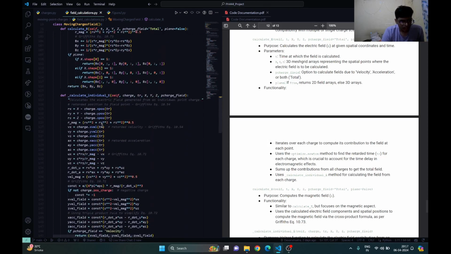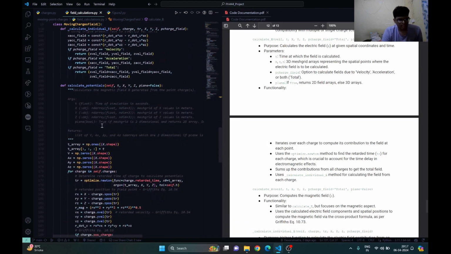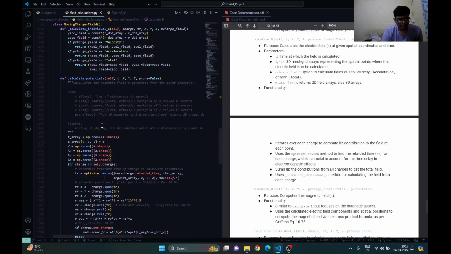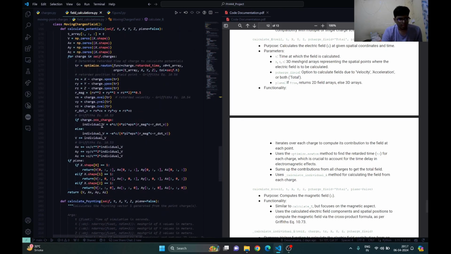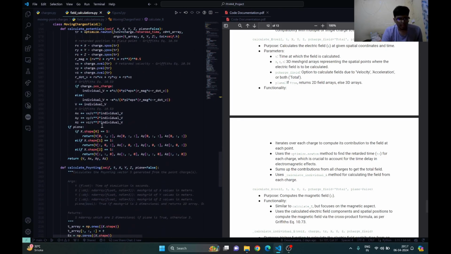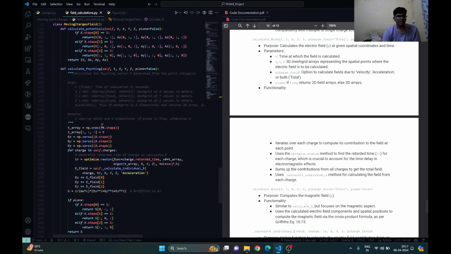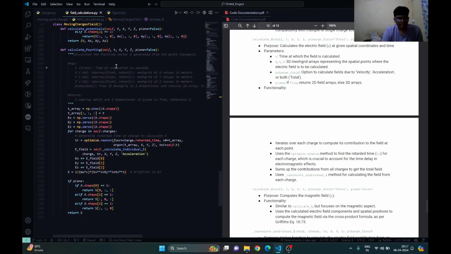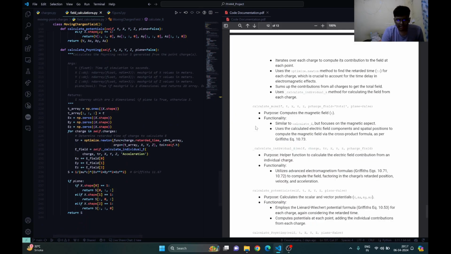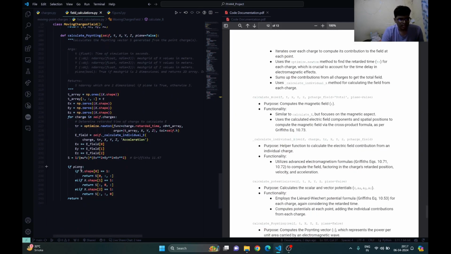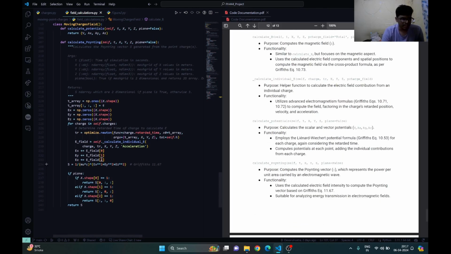The same is done for the E and B fields as well as the potential. The equations are obviously the same as before, and one more thing they have done is calculate the Poynting vector, which is just 1 over mu c times the modulus of E squared, as mentioned in Griffiths again.